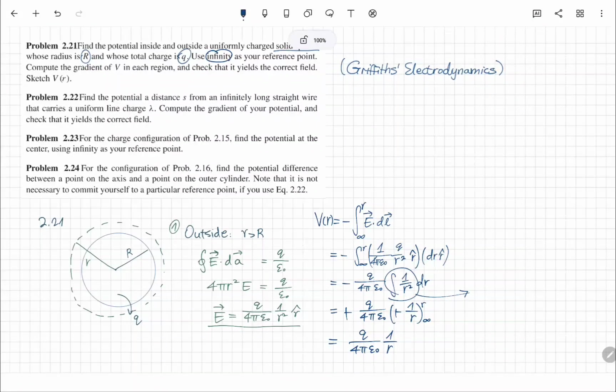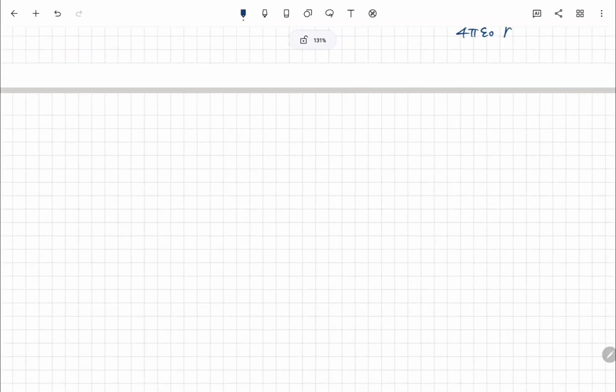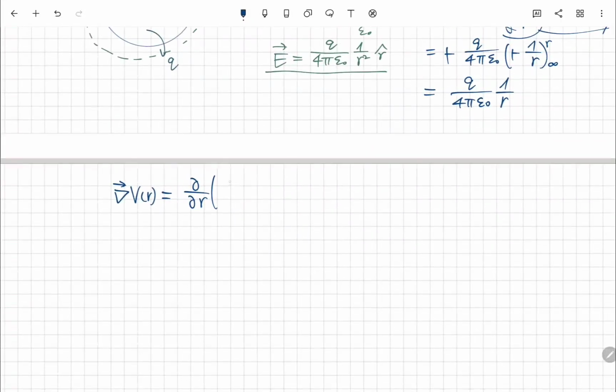As required in the problem, we're computing also the gradient of V. So the gradient of V equals the partial derivative in r of Q over 4 pi epsilon naught 1 over r in the r direction, which is minus Q over 4 pi epsilon naught 1 over r squared in the r direction.